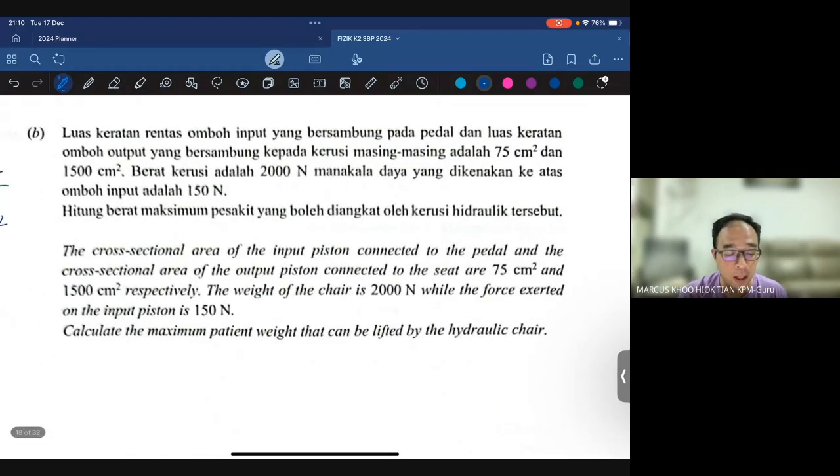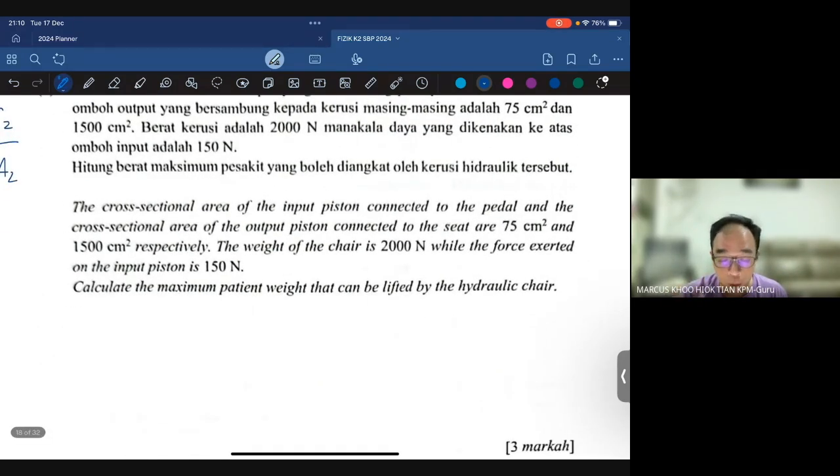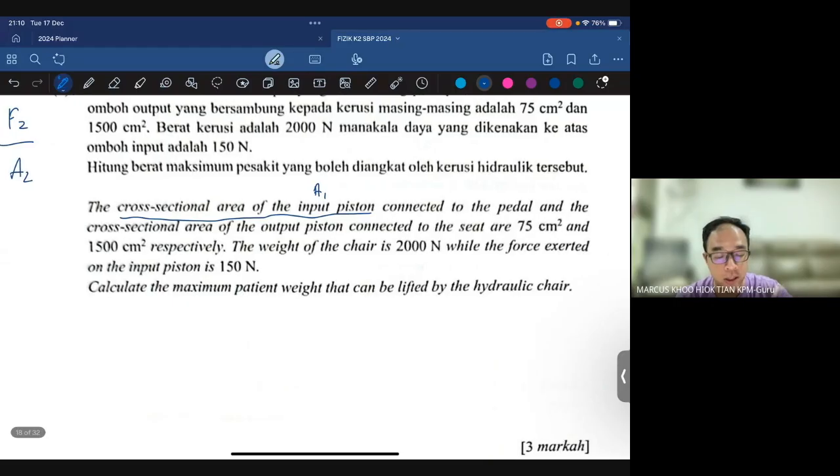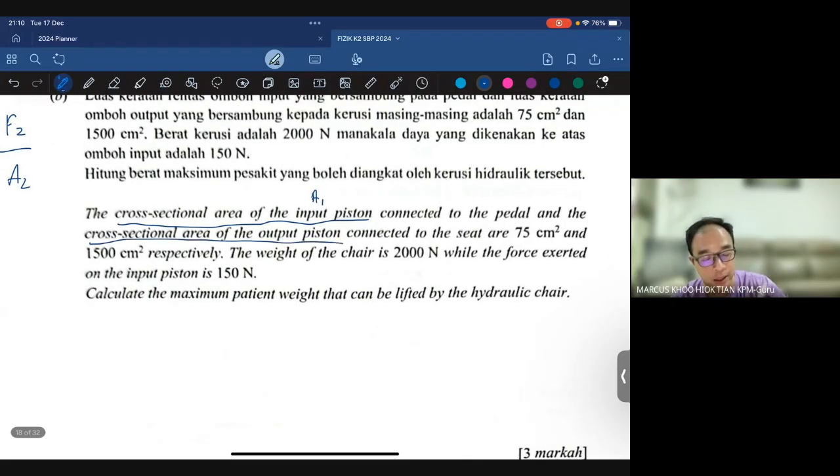Okay, so the cross-sectional area of the input piston is A1. And the cross-sectional area of the output piston is A2. So sini adalah A1. Ini adalah A2. The weight of the chair is 2000 newtons, while the force exerted on the input piston, so this is F1.